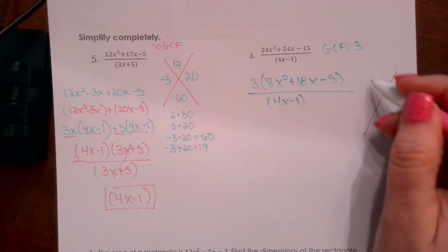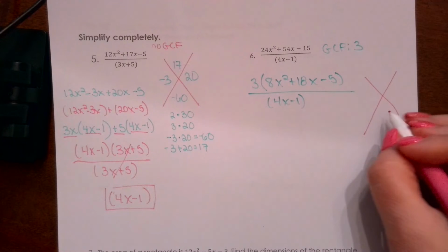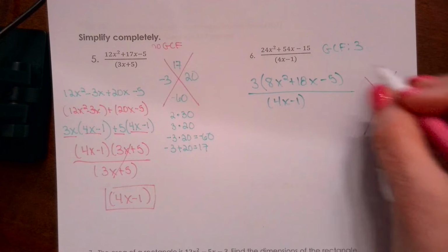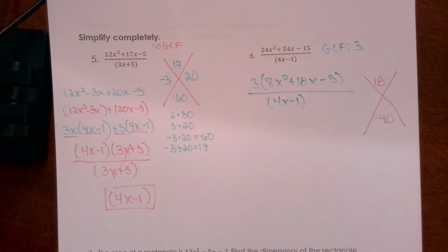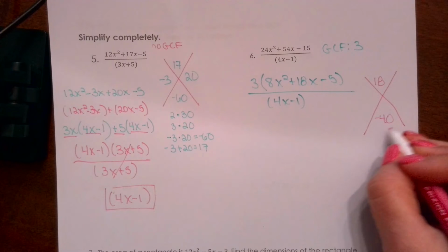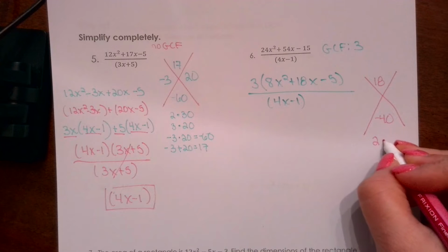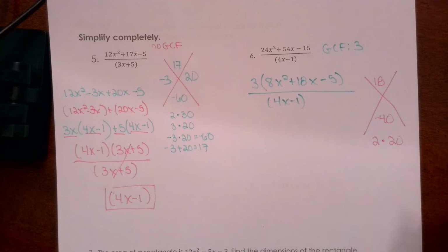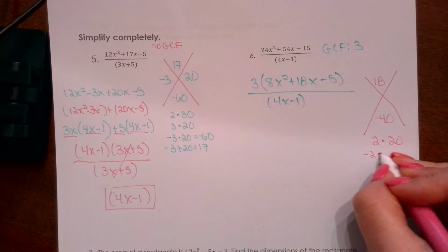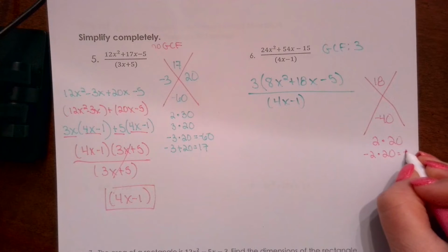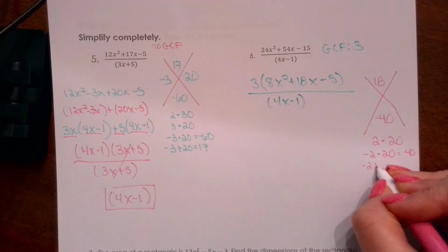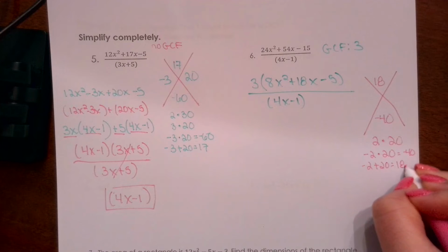So I'm going to draw my big X. 8 times negative 5 is negative 40, and I need 18. Let's think about negative 40. 1 times 40, that's not going to do anything. 2 times 20. How about negative 2 times 20? That is going to give me negative 40, and negative 2 plus 20 will be a positive 18.